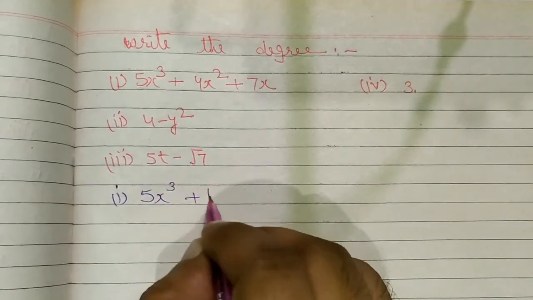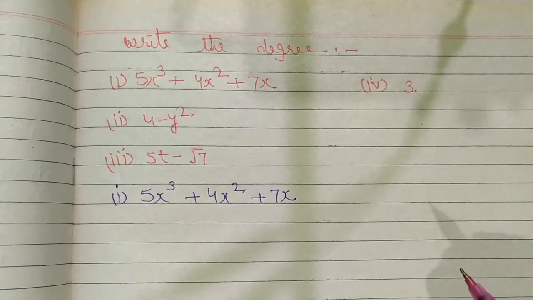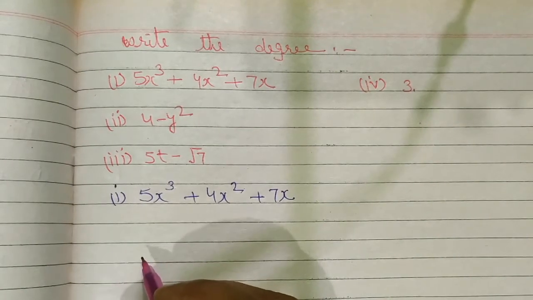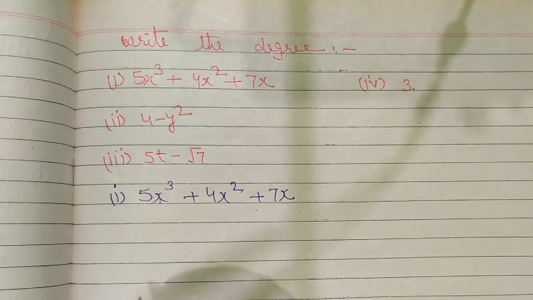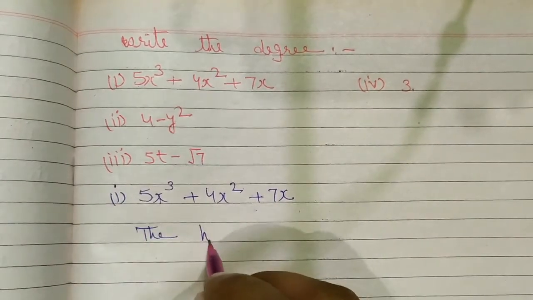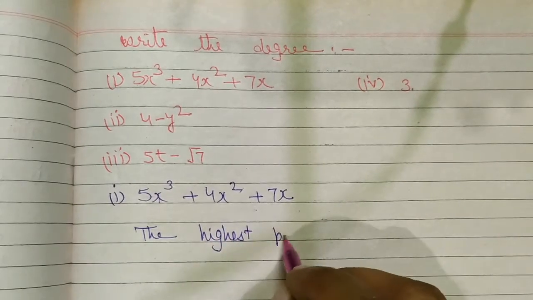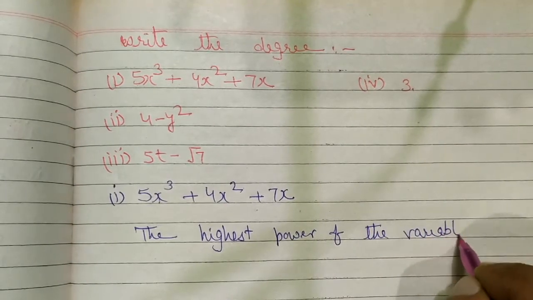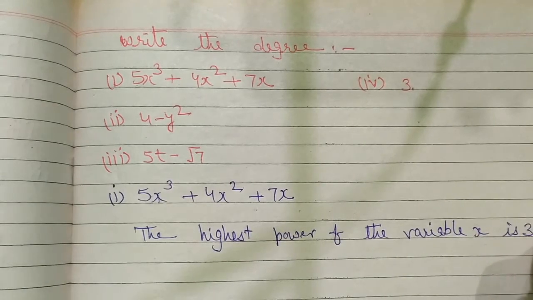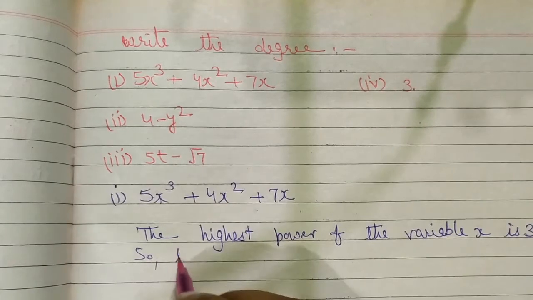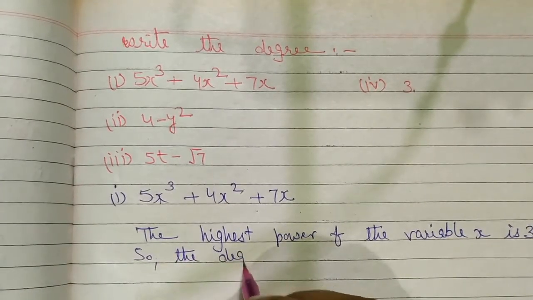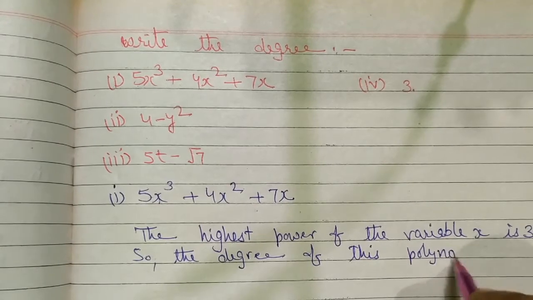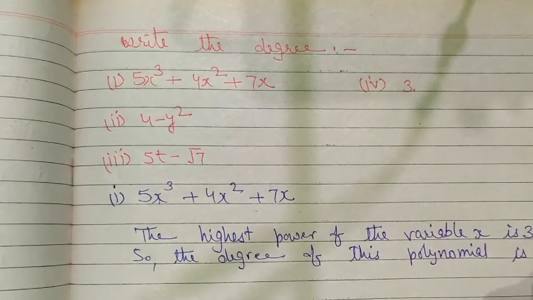It is 5x cube plus 4x square plus 7x. Now as we all know, the degree is the highest power, so we can write here the highest power of the variable, there's only one variable x, so we can write the highest power of the variable x is 3, so the degree of this polynomial is 3.